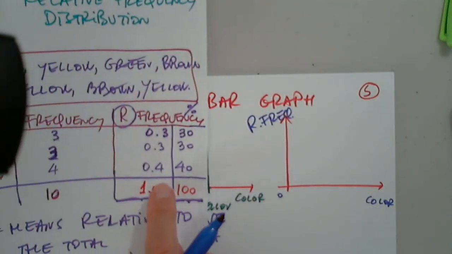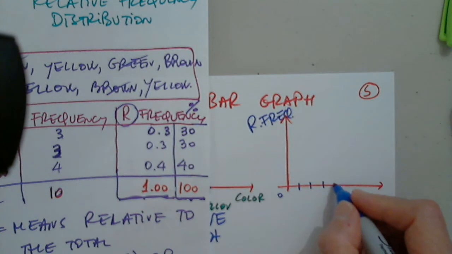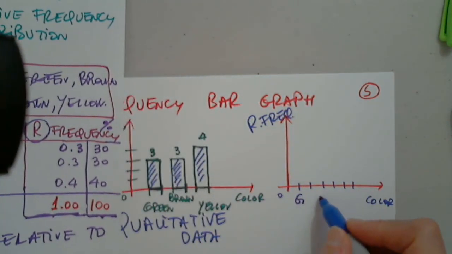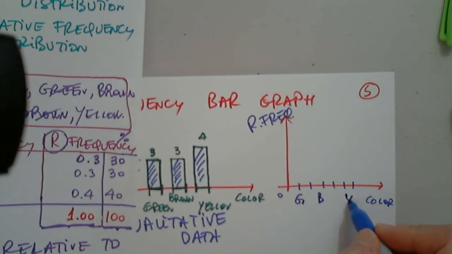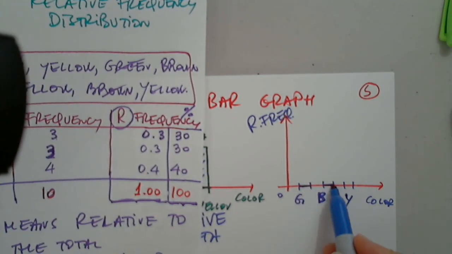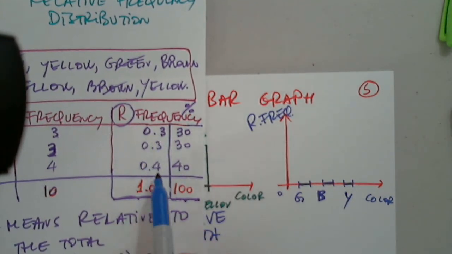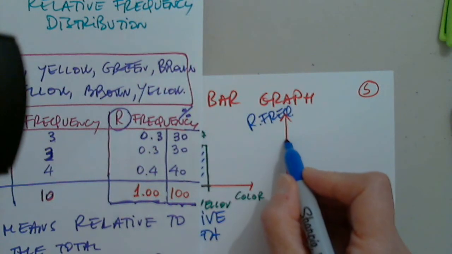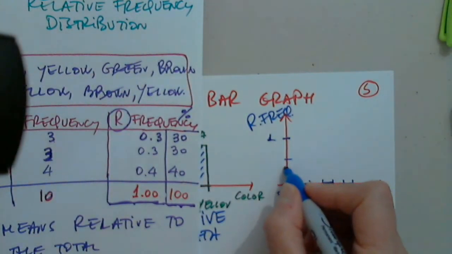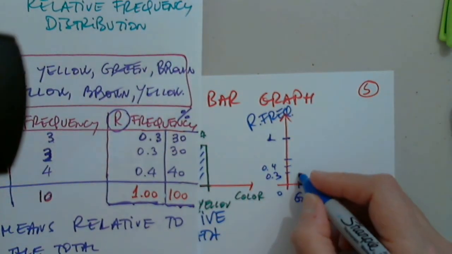So I have the same bars. This is the green, this is the brown, and this is the yellow, and I go as high as 0.3 and 0.4. If this is 1 and this is 0.5, this is my 0.4 and this is my 0.3.